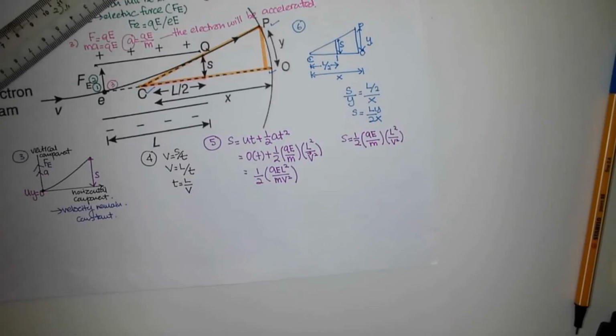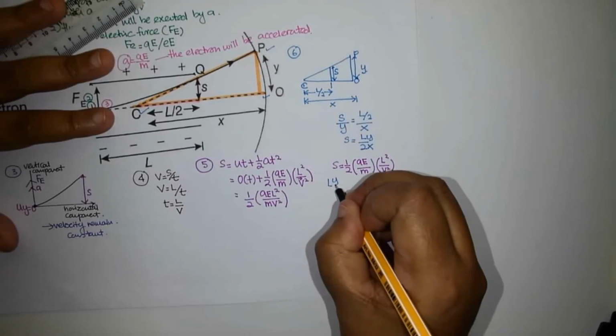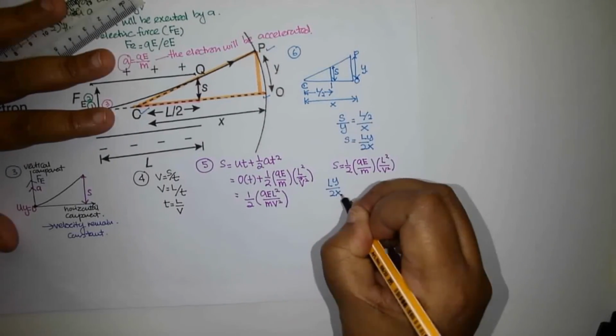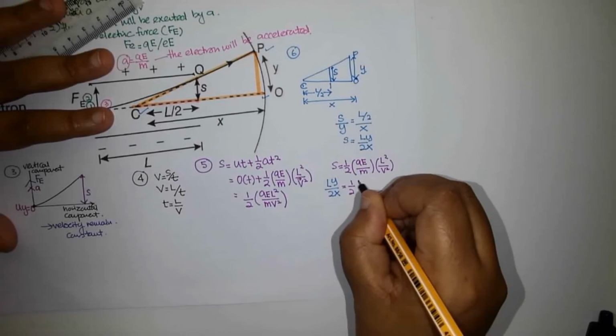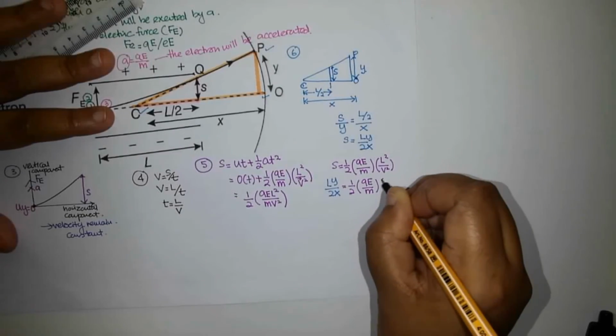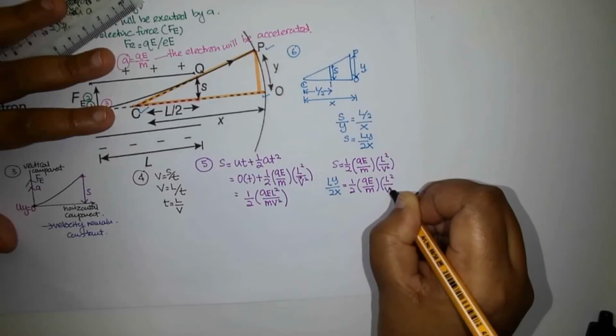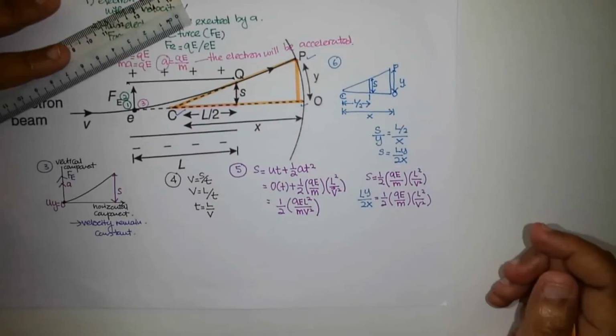V is the velocity. And then S we substitute here, equals to half QE over m L square over V square. Why I put different color is this one is from here, this one is from here.